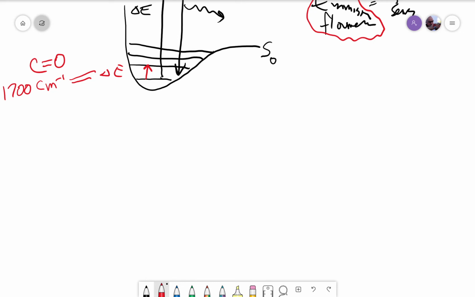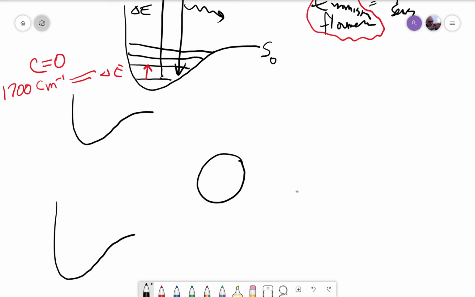The concept of Raman spectroscopy comes about from an observation of what happens if you put a photon in that is not resonant with the energy difference between the two electronic states.